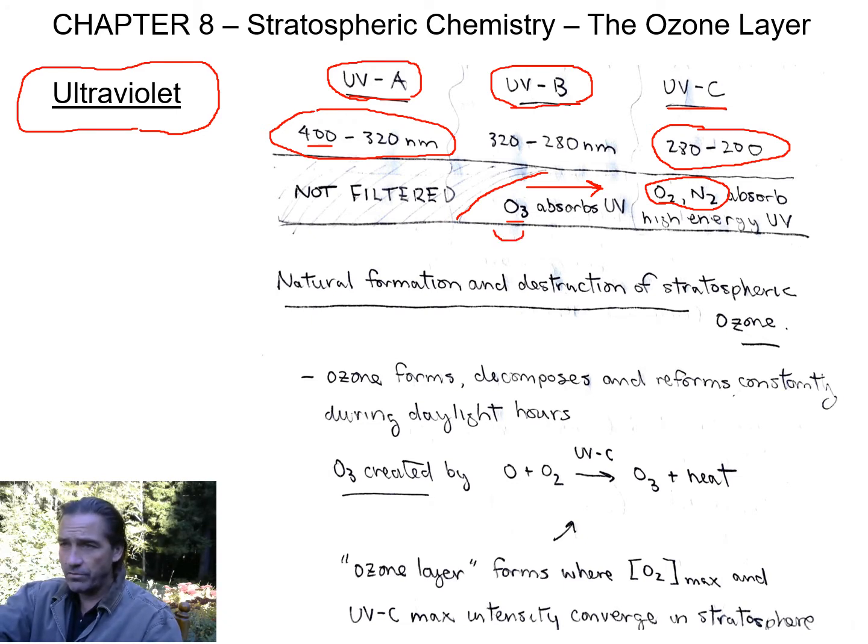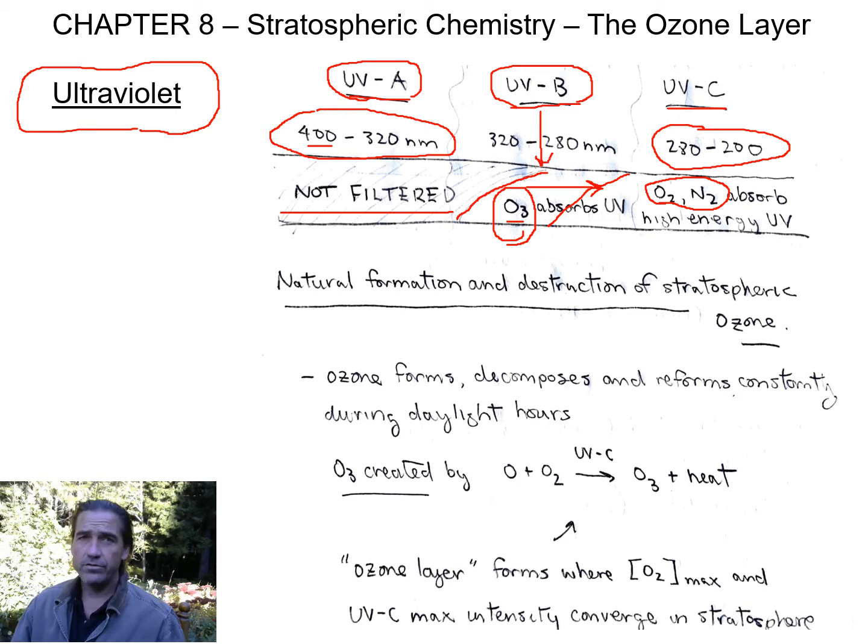But this ozone layer at the top of the stratosphere is very important in absorbing the UVB range, and it does still let some through. This is again why we wear sunscreen. If we didn't have the ozone layer, we would see more of this UVB penetrating through the atmosphere and getting to the surface of the Earth.